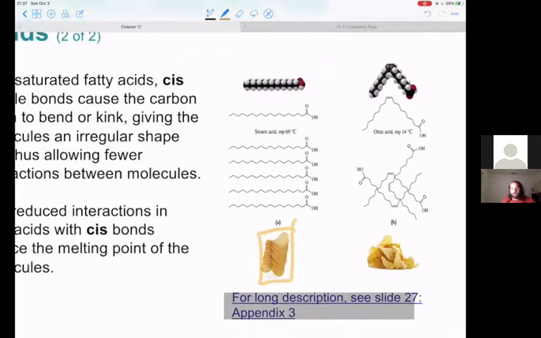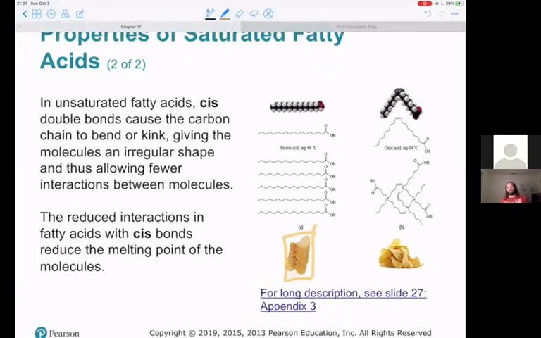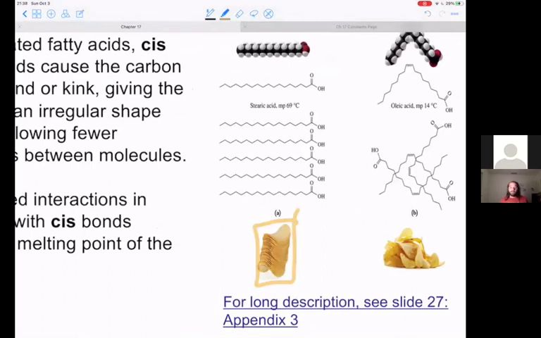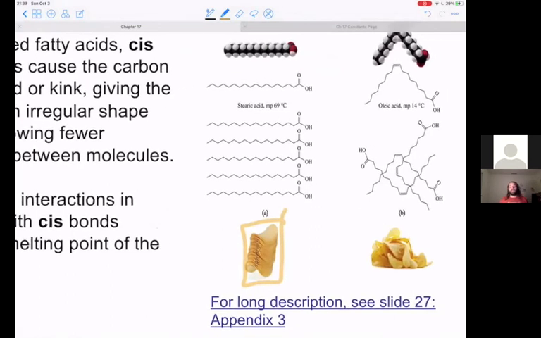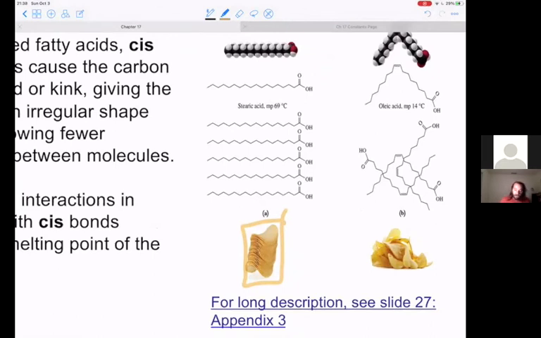You're putting those chips one on top of each other, the shape's fitting perfectly, and so they don't take up very much room at all. When you have an unsaturated fatty acid with this cis kink in there, these molecules can't really stack together very easily. So that's why you get this loose pile of chips that have a lot of air in between.